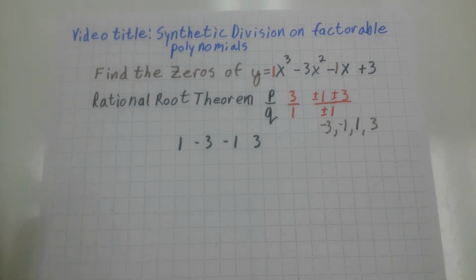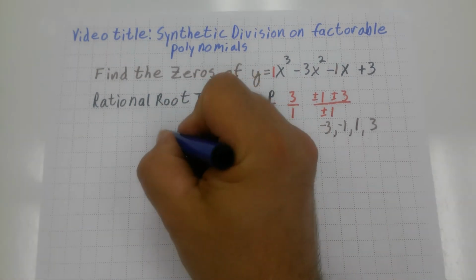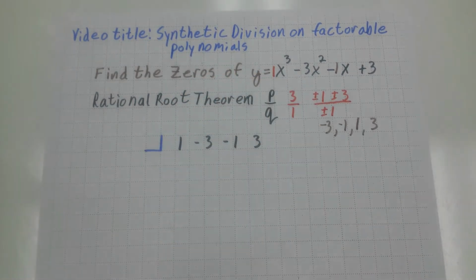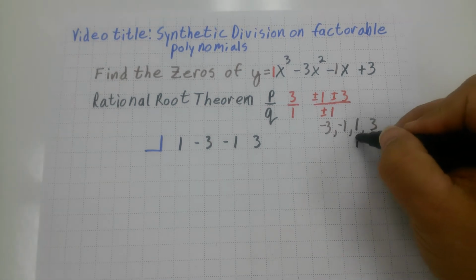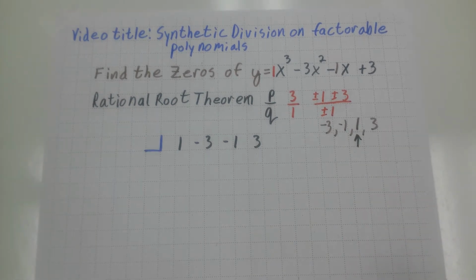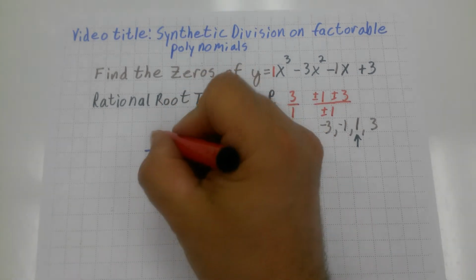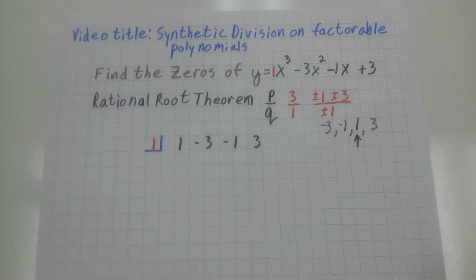Now I'm going to start guessing at what the answer is. All my guesses go in a little placeholder there. My first guess is always that number 1, so I'm going to put 1 right in that placeholder.